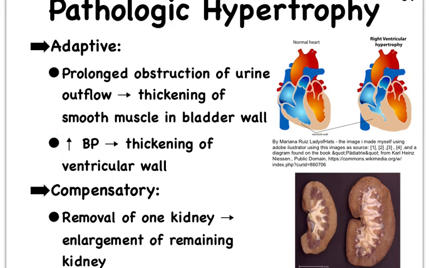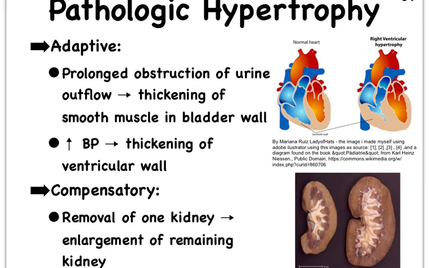So a person who suffers from hypertension, persistent increased blood pressure, chronic high blood pressure, that person's heart is going to have to work harder and harder to push the blood out of the heart into those vessels with their high blood pressure. And so ultimately, that is going to trigger those heart muscle cells in the ventricles to grow bigger and bigger. And so we see a thickening of the ventricular wall, or hypertrophy.